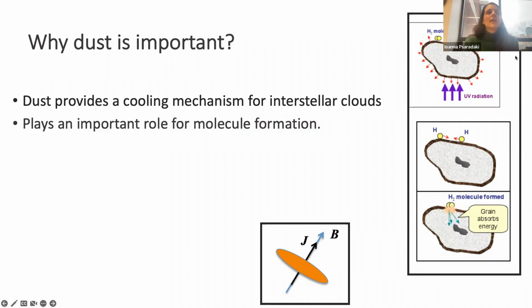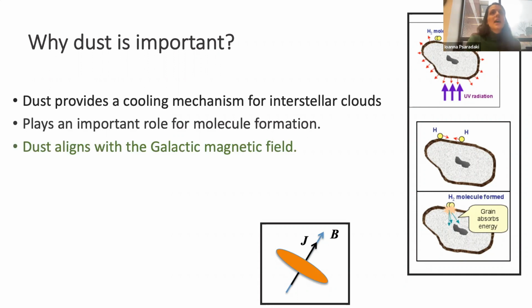Second, dust plays a very important role for molecule formation. The surface of dust grains acts as little factories that bring atoms together that otherwise may rarely meet, and they catalyze their reactions.